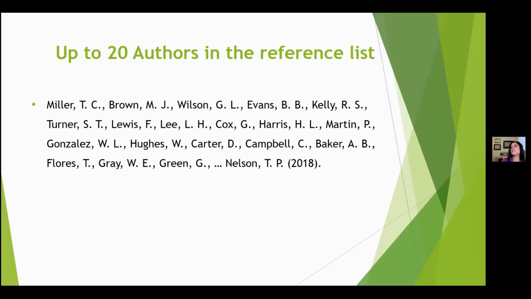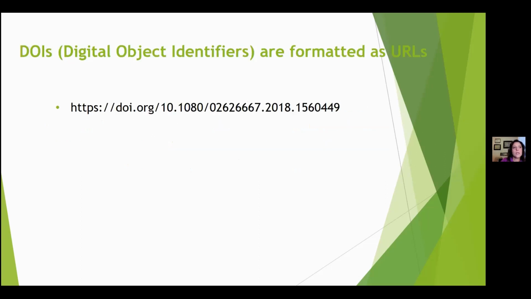Et al. means there's a whole bunch of authors afterwards. So this is something that you might want to discuss with your professor if you decide that you're going to be using APA.